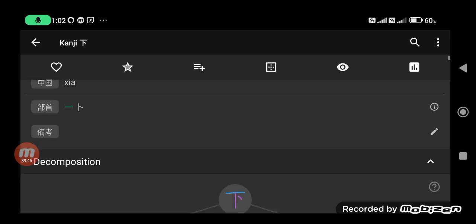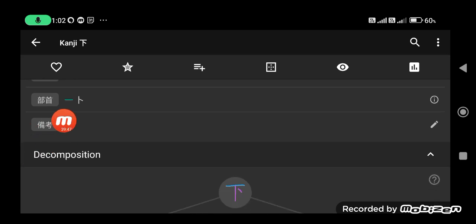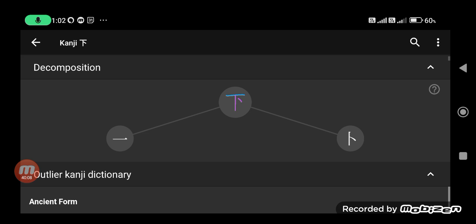So again, the radicals here: ichi and the divination crack, and the one that is highlighted in green is the ichi, or horizontal mark. So that's the radical that will influence the meaning. Okay. So the decomposition is right here.